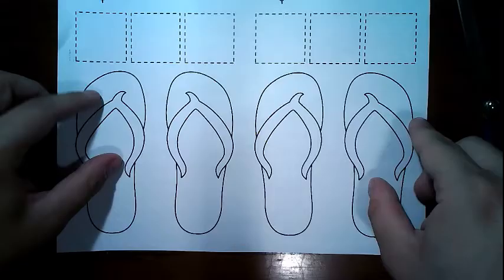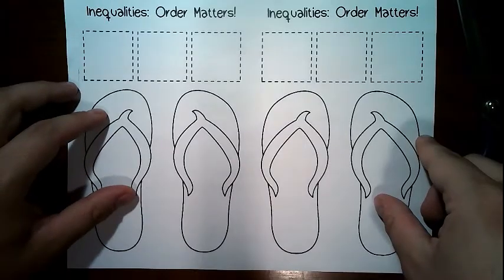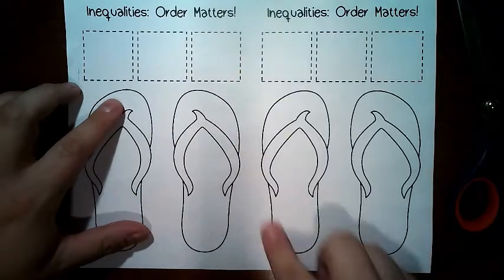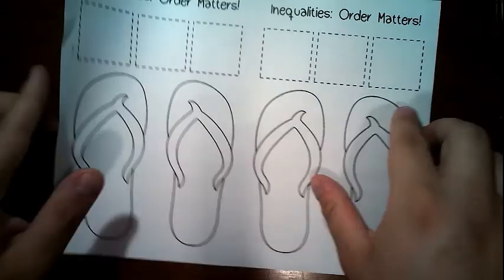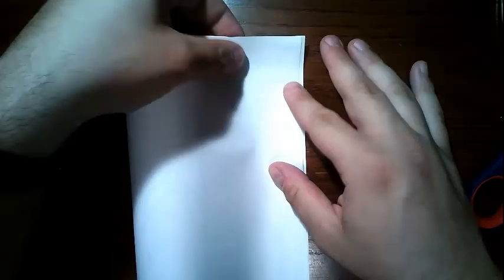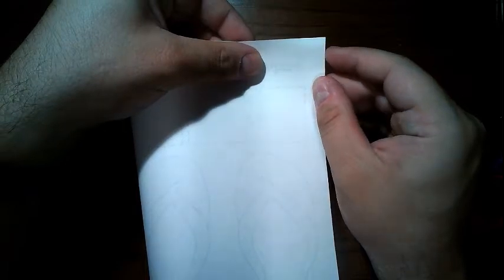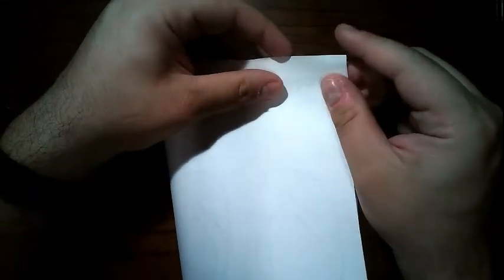The other one is the flip-flop foldable. You have 2 of these per page and you only need 1, so go ahead and cut down the middle. If you want, what you can do is fold it first so you can get a nice straight line. And then once you have that straight line, just cut it right down the middle.